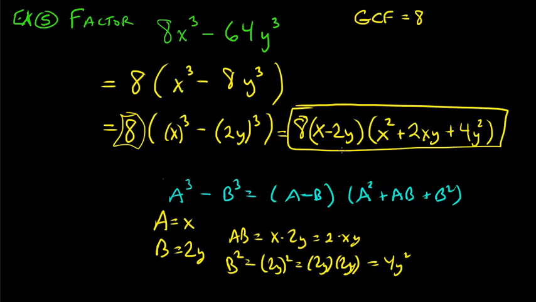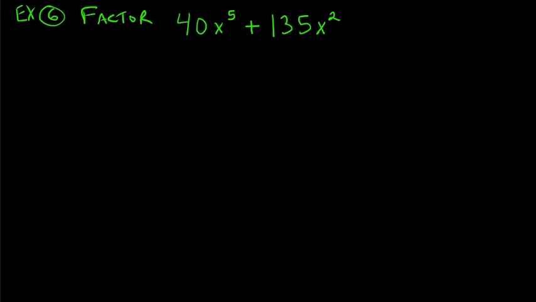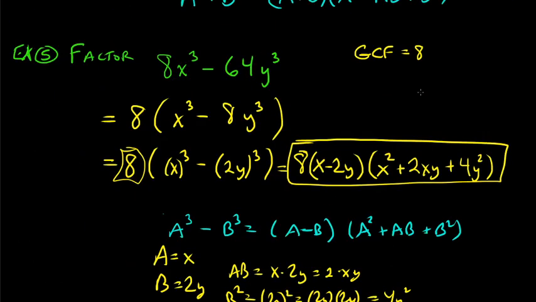Let's keep going. Let's do one more. All righty, 40x to the 5 plus 135x squared. Go ahead and try that. And you should use the previous problem as a guide.